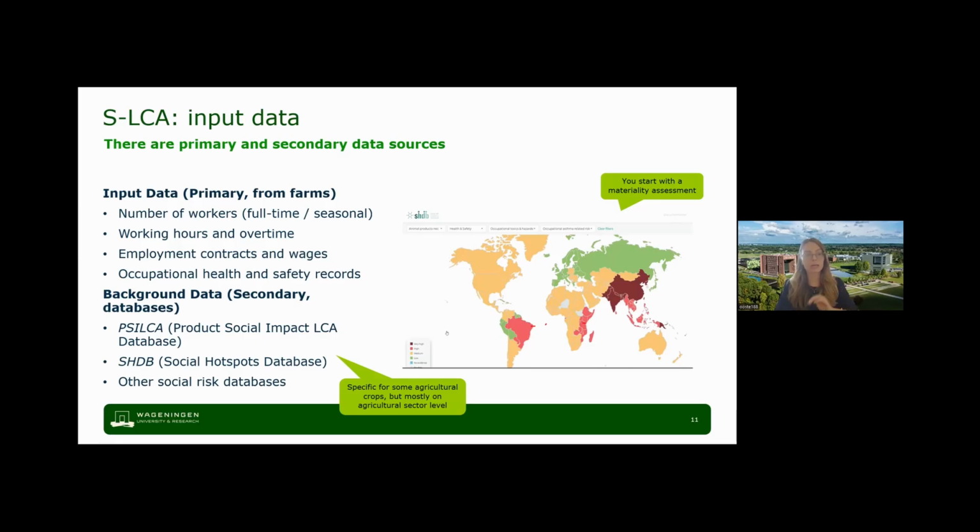That's called a materiality assessment, so that you really target the data collection. So you're not going to collect a lot of data for potential topics that are not so relevant in this region. And you can do that based on expert judgment, also doing interviews, but also looking at the news and other databases to assess potential risks.